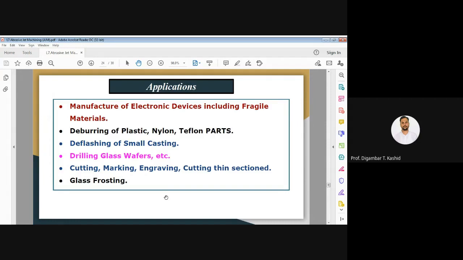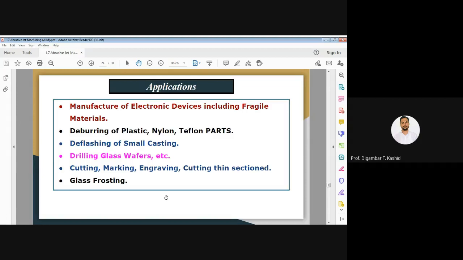Or if you want to write any letter or name on the glass, abrasive jet machining is commonly used for writing purposes. Very fine letters can be written on the glass. So these are the very important and widely used applications of abrasive jet machining.